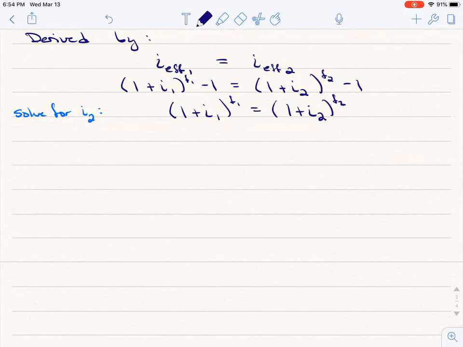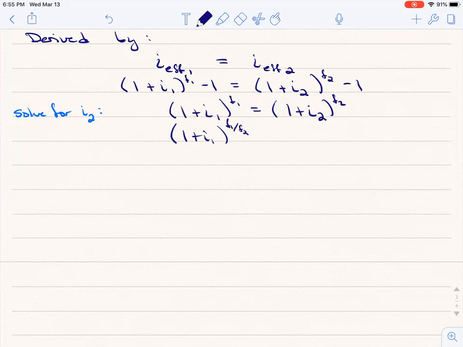If I'm trying to solve for I2, I'm trying to get I2 on its own, which means I have to take the F2th root of both sides. Okay. Remember, the shortcut for taking the root is 1 over that value, right? So what we're going to do is we're going to take 1 plus I1 to the power of F1 over F2.